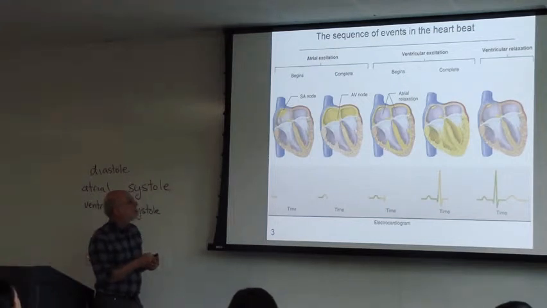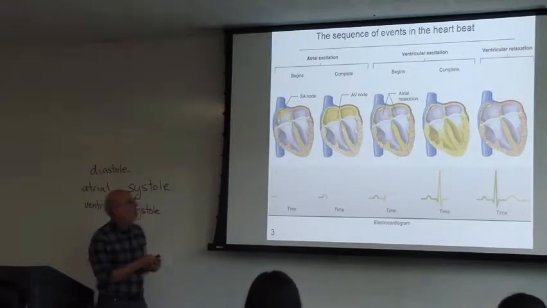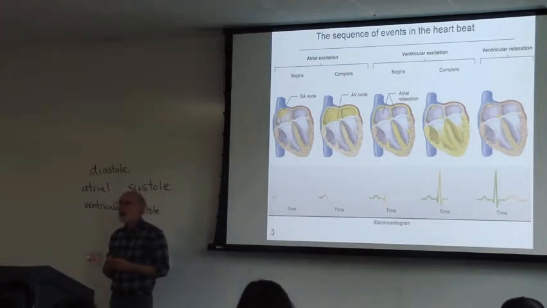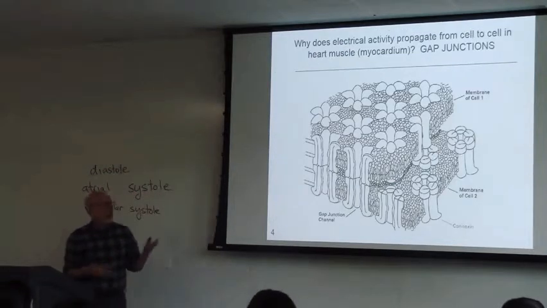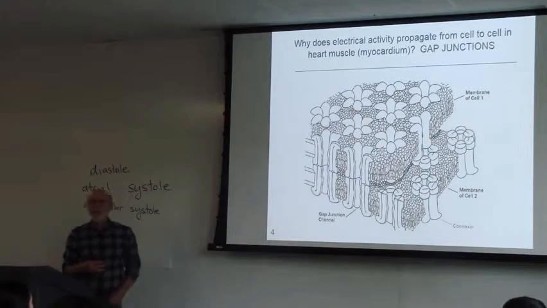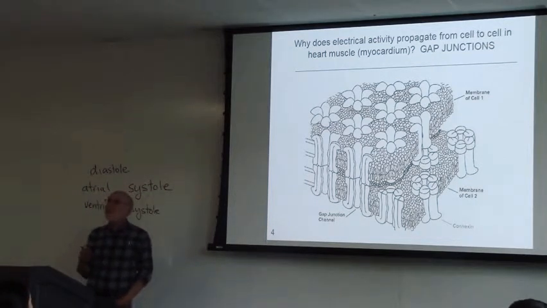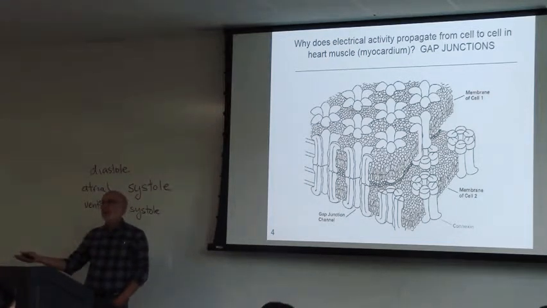It's spreading into the septum, into the ventricular apex and into the wall. Why is it doing that? It's because all the cells are connected to their neighbors by gap junctions. And so an action potential in one cell spreads to the next cell, and so contraction in one cell triggers contraction in the next cell.